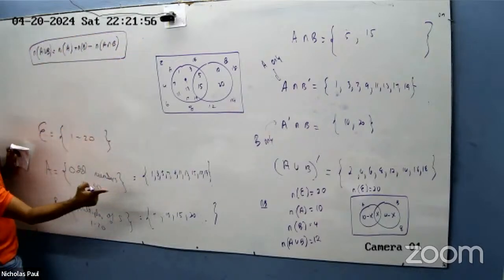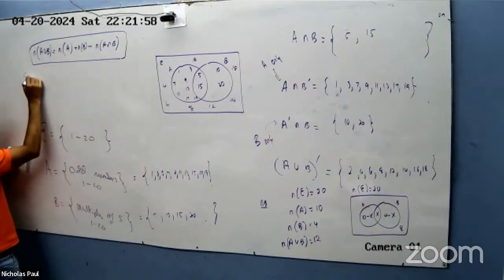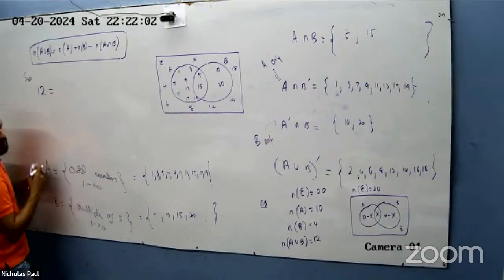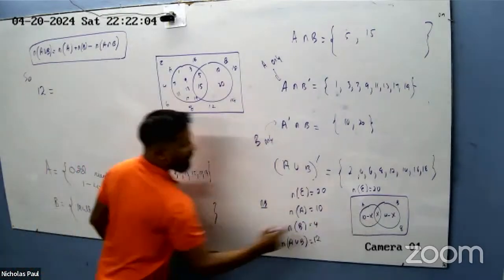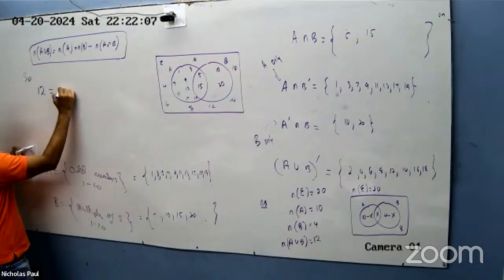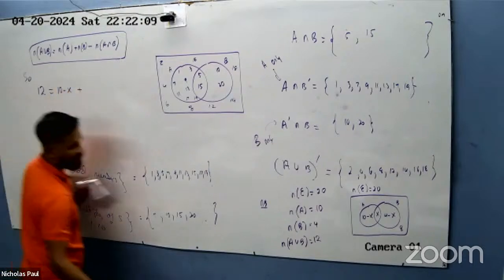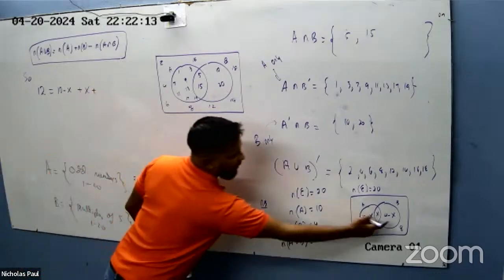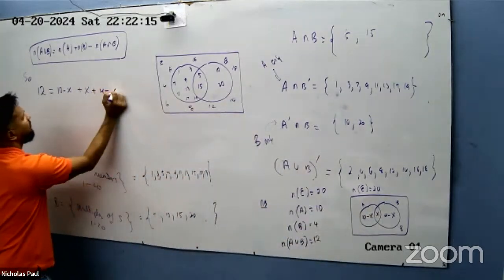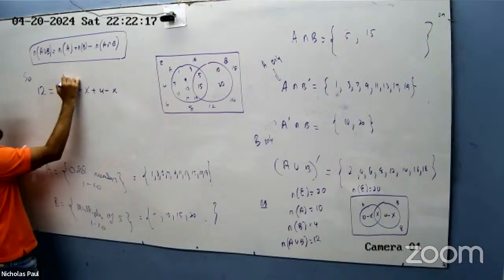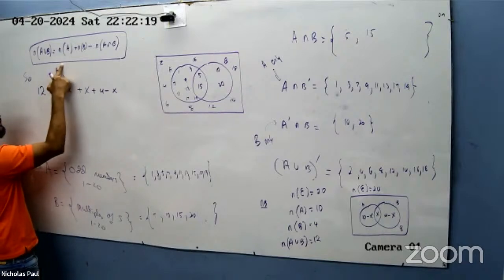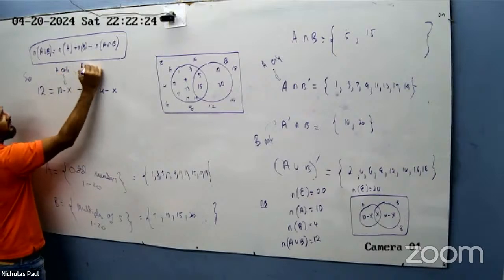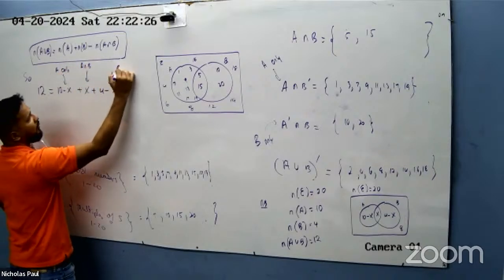But what am I using here? I am saying that 12 is equal to here, which is 10 minus x, plus here, which is x, plus here, which is 4 minus x. This is A only, this is A intersect B, and this is B only.